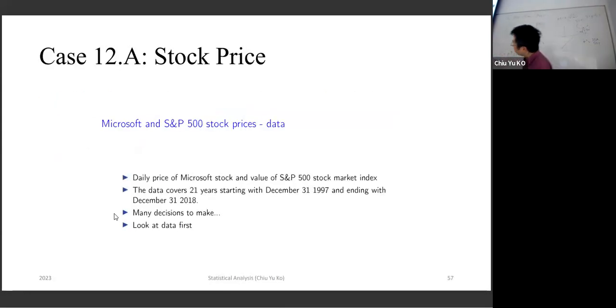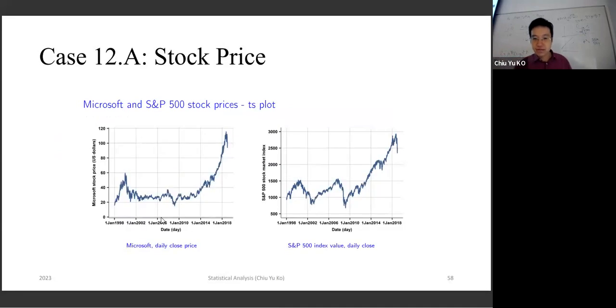Let's look at the stock price data as an example. You can see the stock price looks like this. Without looking at this crazy number, you might think this is stable. But if you think there's a trend here, you have to take away the trend.